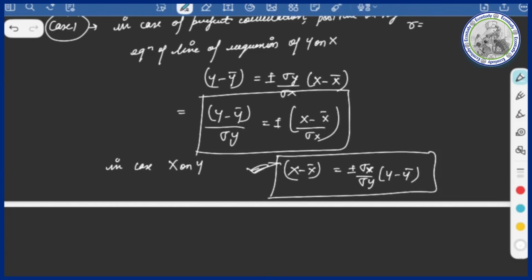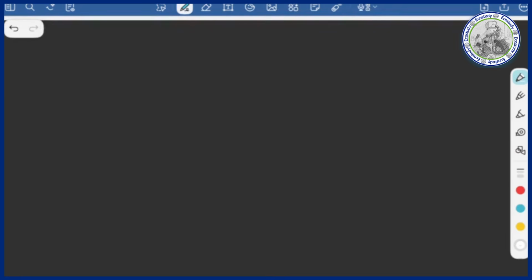Okay, so there are some properties of the regression coefficient. This is the last topic, and after that we will come to the OLS or ordinary least squares, then some of the assumptions. But I will discuss these concepts in the next class, not in this.